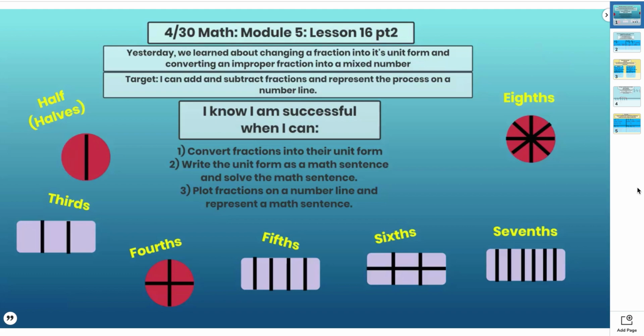So when there's two pieces, it's a half or halves, 3 is thirds, 4 is fourths, 5 is fifths, 6 is sixths, 7 is sevenths, and 8 is eighths. Make sure you remember those and remember that using the words, because when we use our unit form, it's going to help us understand why the denominator does not change when we add and subtract fractions. So let's get started, shall we?